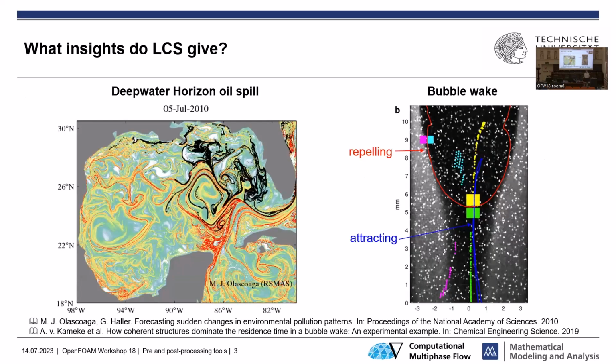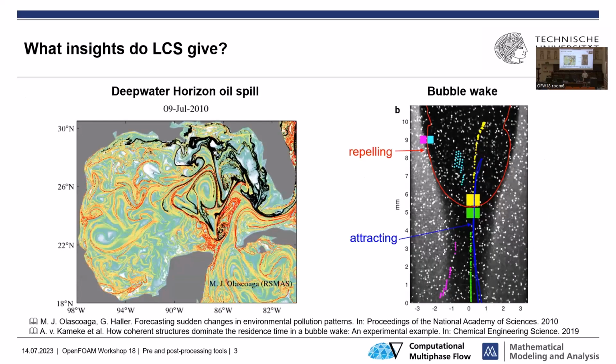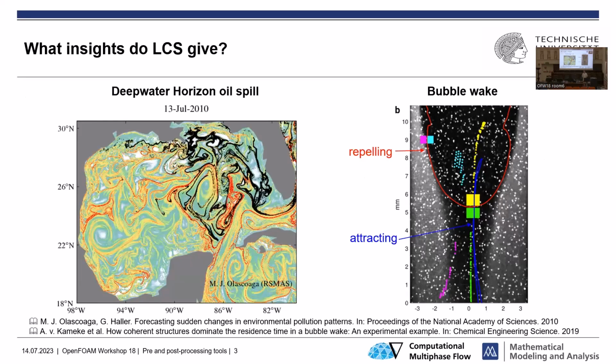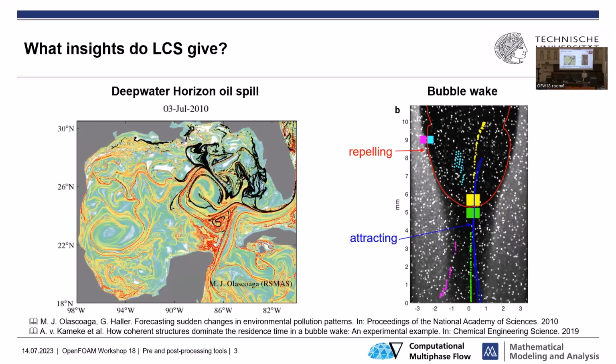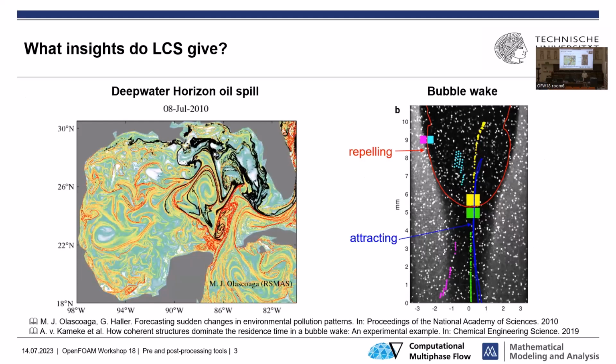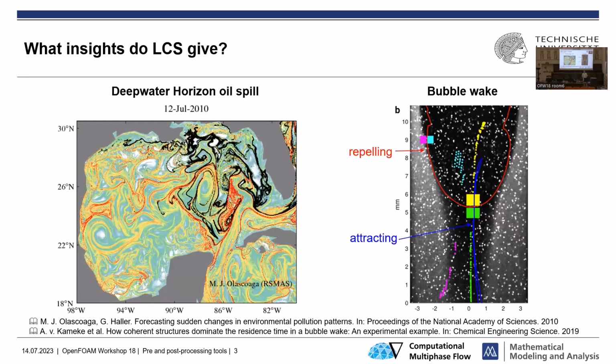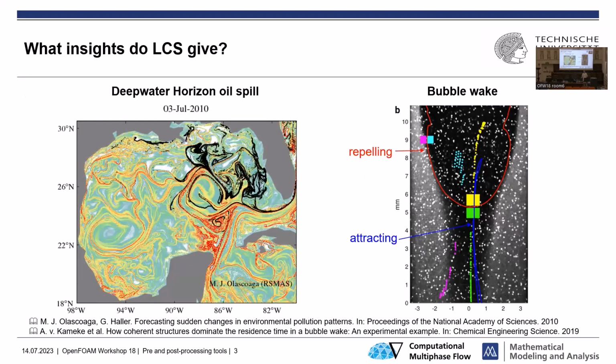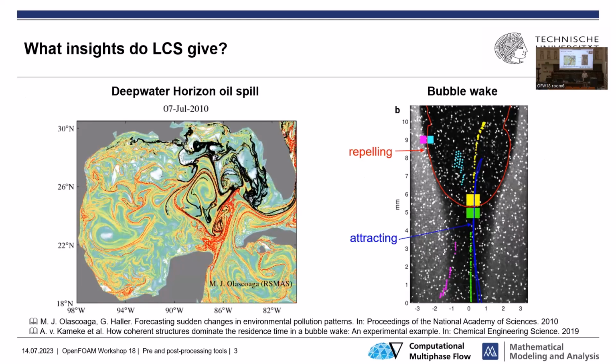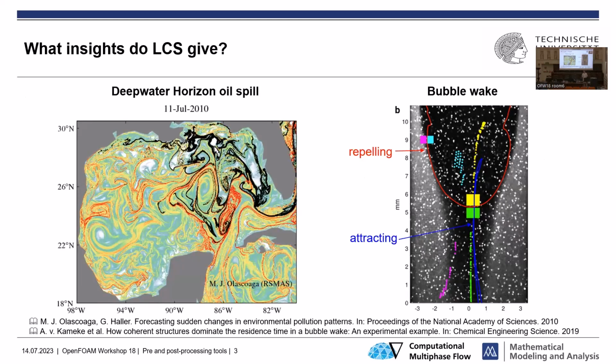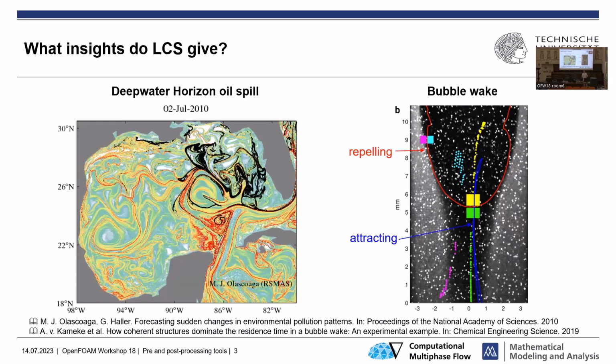So what insights do the LCS give me? I have two examples here before I go into the detail on how to compute them. As you might remember, in 2010, there was a real bad environmental disaster from the oil spill of the Deepwater Horizon.